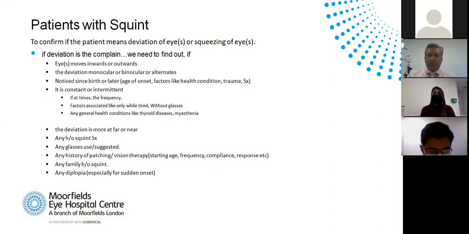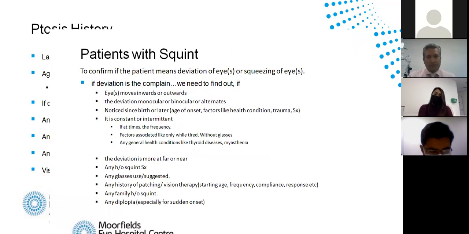In those cases, the person may not experience double vision, but in other cases, yes, diplopia. And sometimes the person may not feel the diplopia in the straight gaze, only in a particular gaze. So this kind of information might be very important, even for the squint patient.